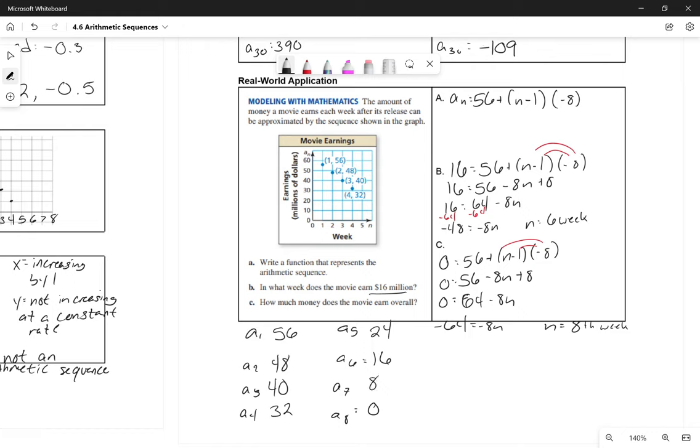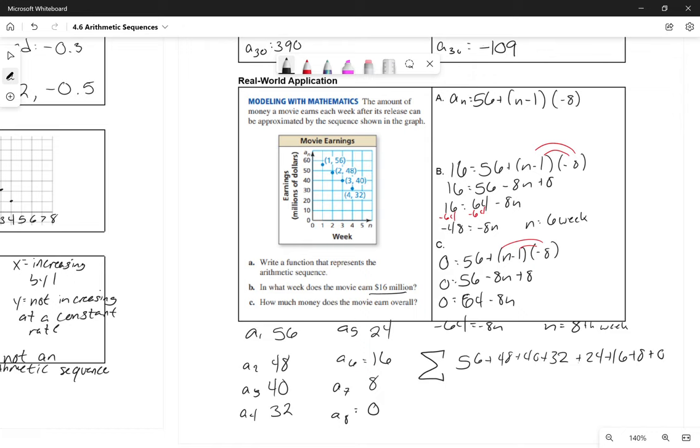Now that we know how much money the movie has earned for 8 weeks, we are going to add them all up. We're going to find the sum, which we can use this Greek symbol for. So we're going to have the sum of 56 and 48 and 40, 32 and 24, 16, 8.